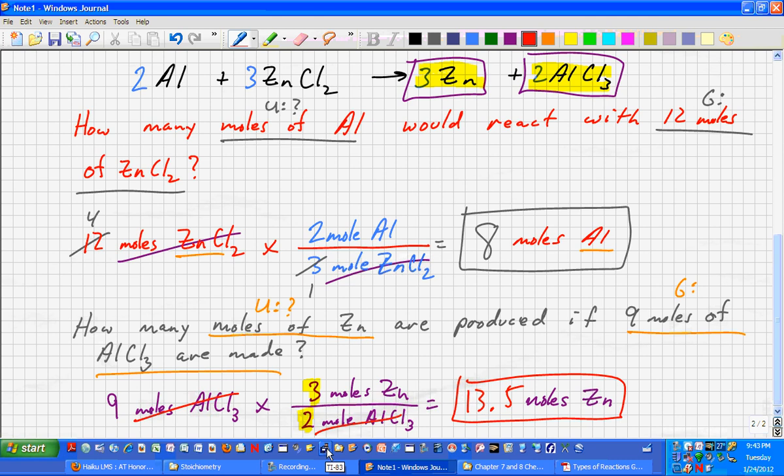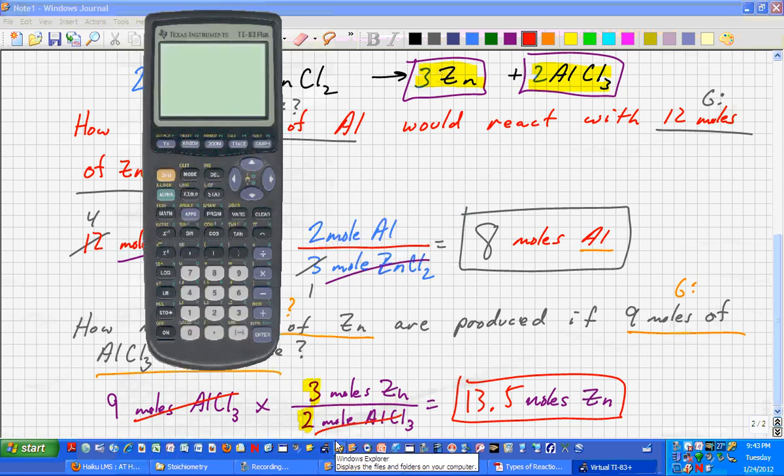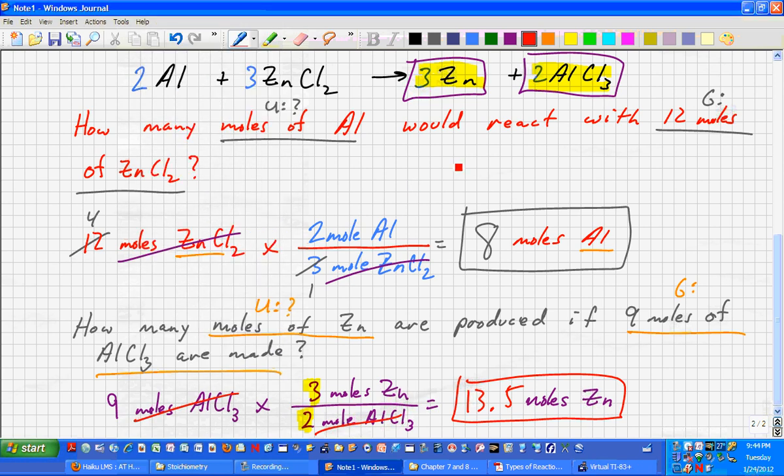Let me just grab a calculator just for fun. So it's 9 times 3, hit enter, and divided by 2, hit enter, and yep, 13.5. My math was right. Just remember your molar ratios come from the balanced equation, and it's really just a matter of setting up the guess method after that.